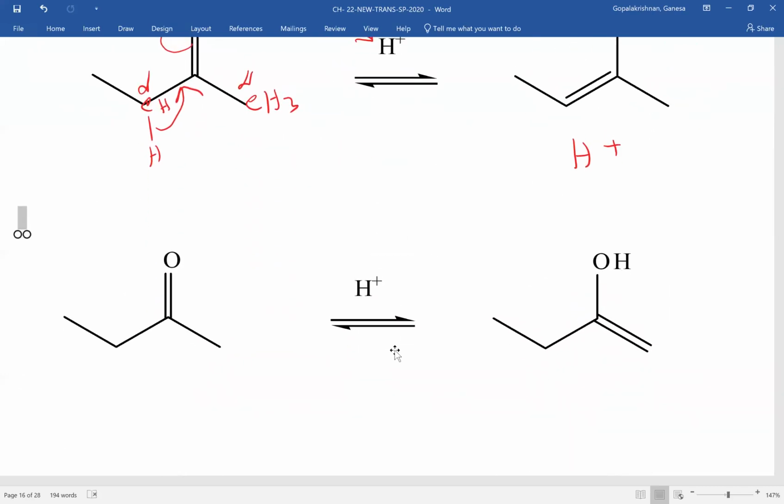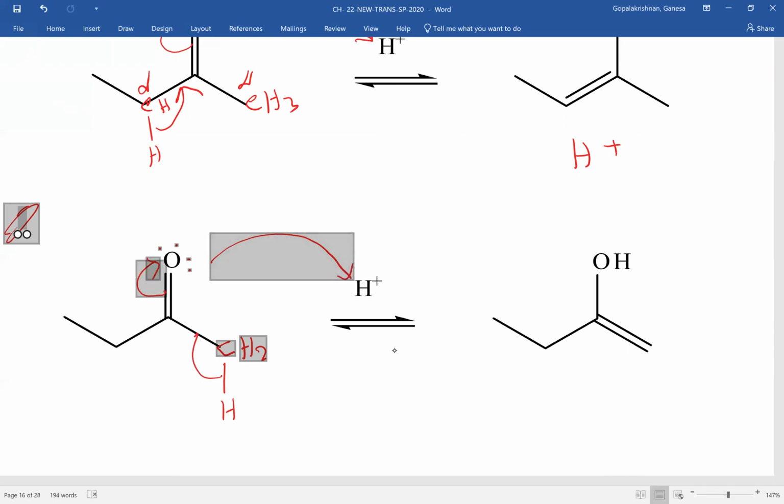The same thing is possible on this side. That is also an alpha carbon. When this picks up the proton, this goes there, and this flips.